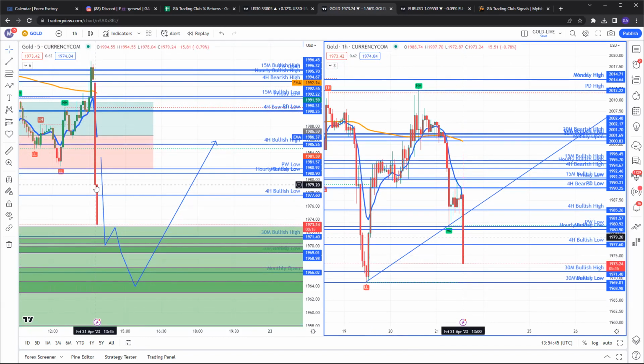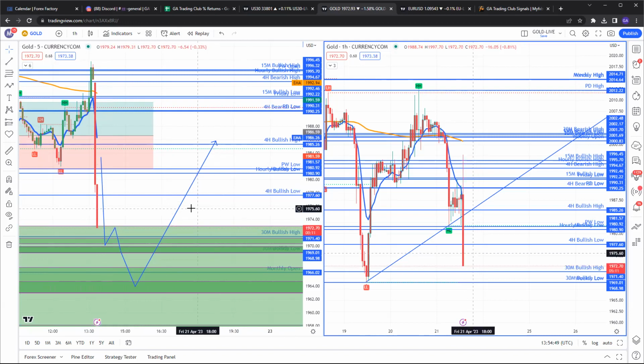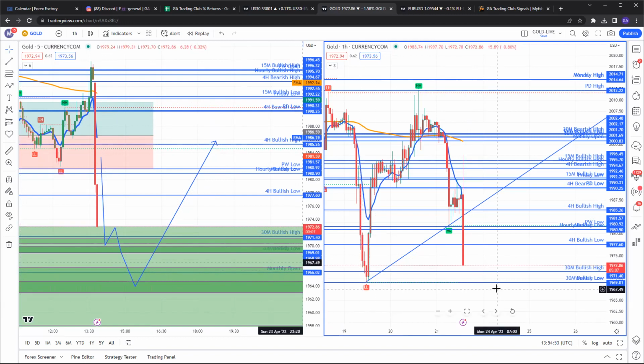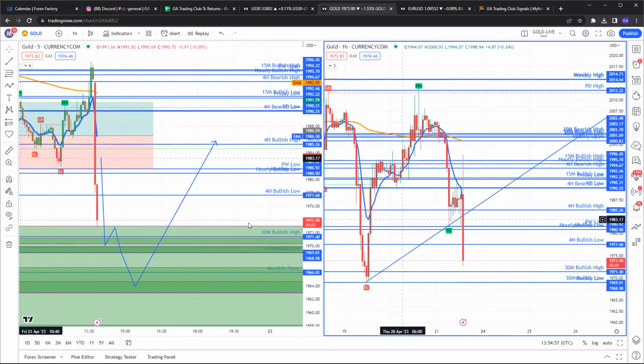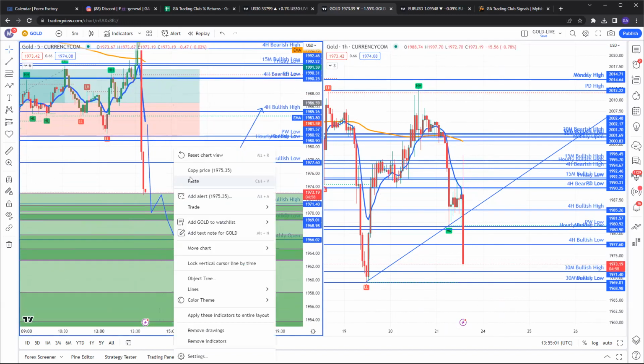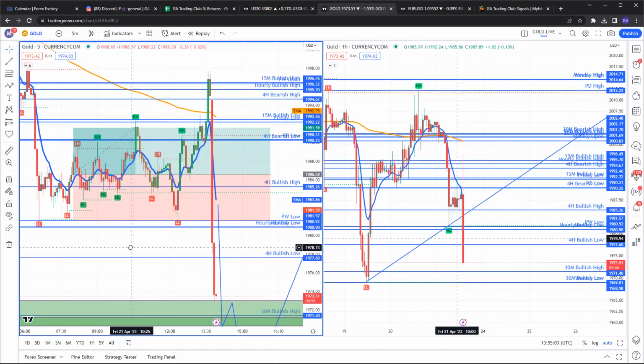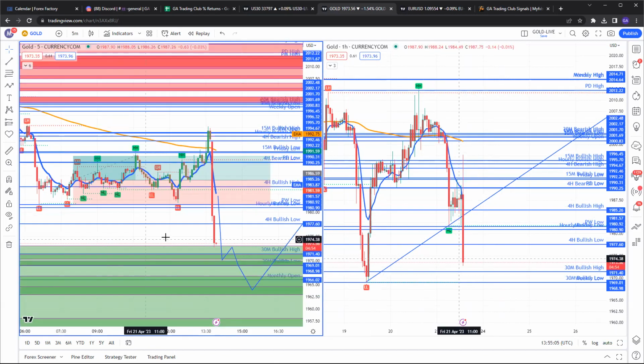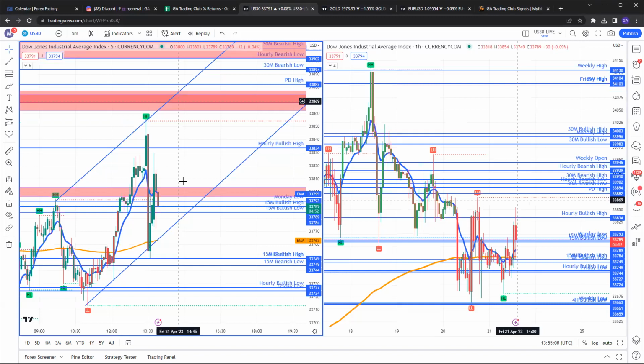In any case, personally I do expect either way gold to retrace back to the upside, whether it's right now or in the next hour. The confluence I have for that is that this trend line has to be retested. It's as simple as that. So I would actually be looking for buys down here. I know right now we are bearish on gold, but just logic and what happens on Fridays, I think this is a fake out if you ask me.